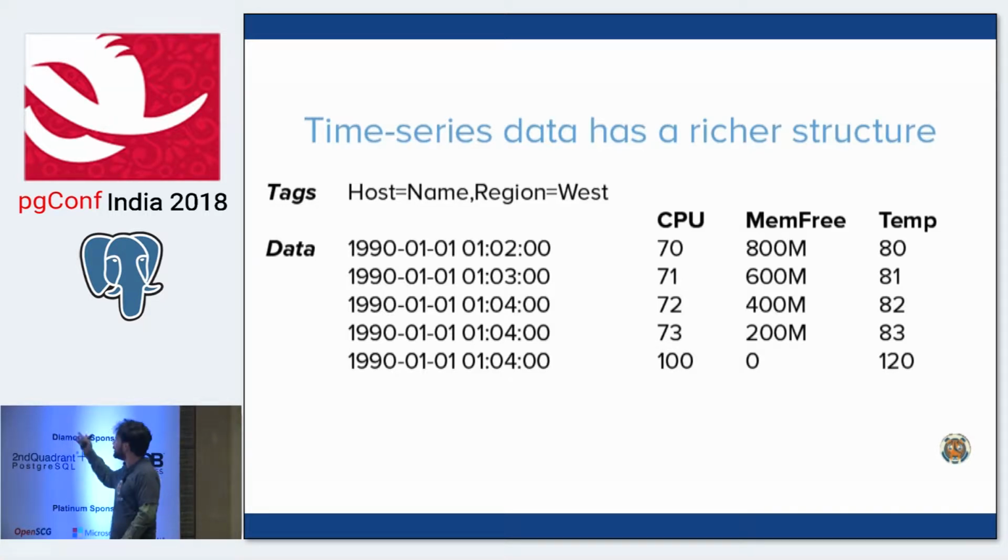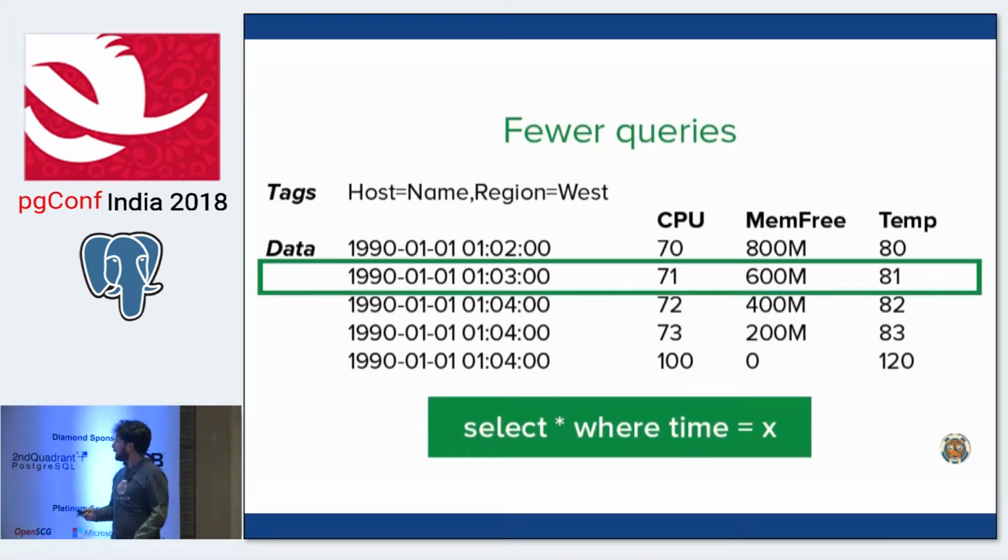So instead of having CPU and free memory and temperature being separate time series, you store it in a row format, which gives you the relationship between these things.